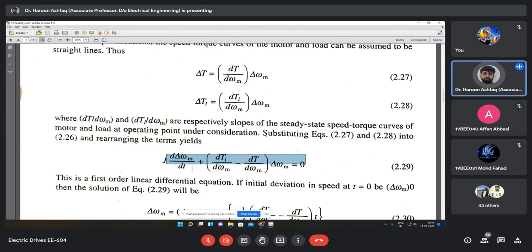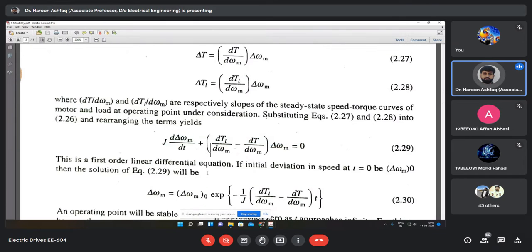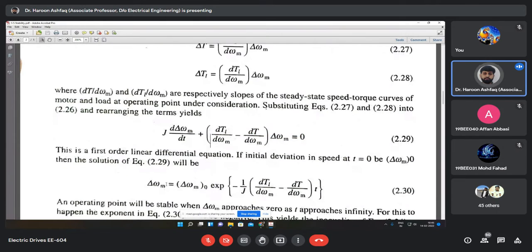If the change of the speed does not go to zero, then the system will remain oscillating. So that is why we have a first order differential equation in terms of delta omega, and then we solve this equation, find out the value of delta omega, and find out the conditions for which this delta omega approaches zero as time tends to infinity.